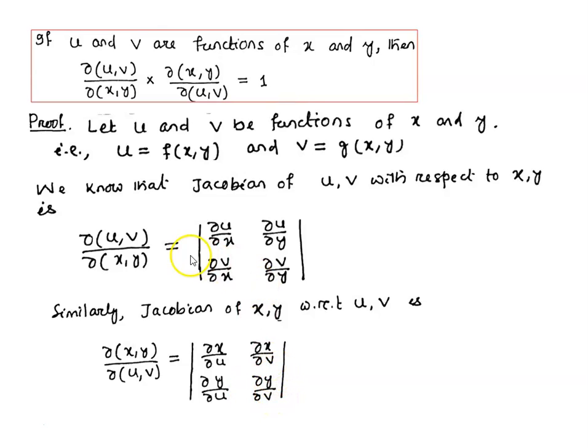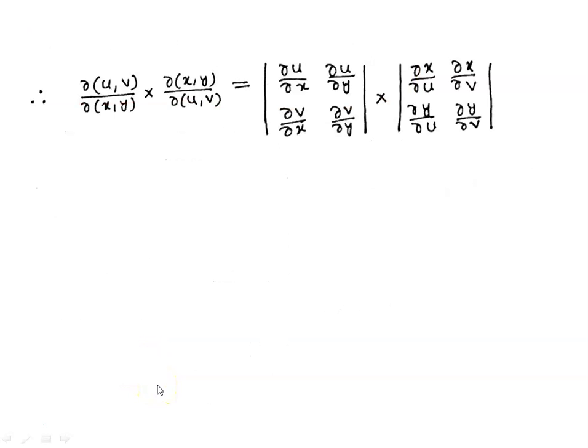Here we have these two Jacobians: the Jacobian of u, v with respect to x and y, and the Jacobian of x, y with respect to u and v. Now the product of these two Jacobians is the product of these two determinants.